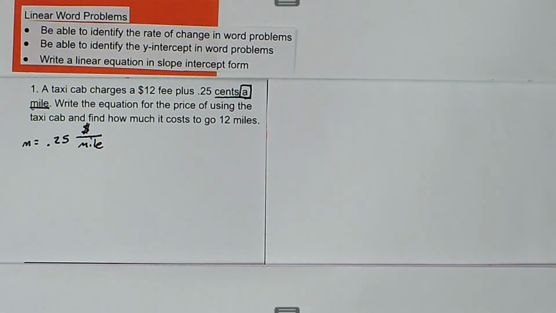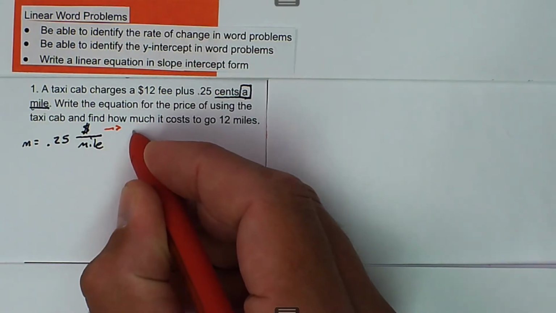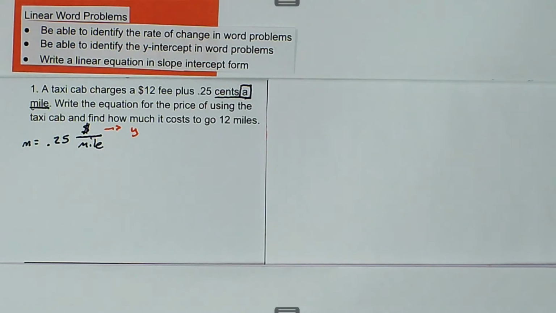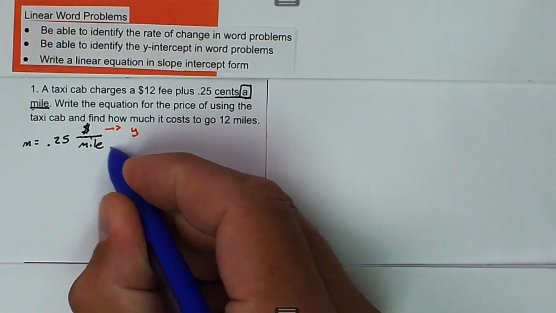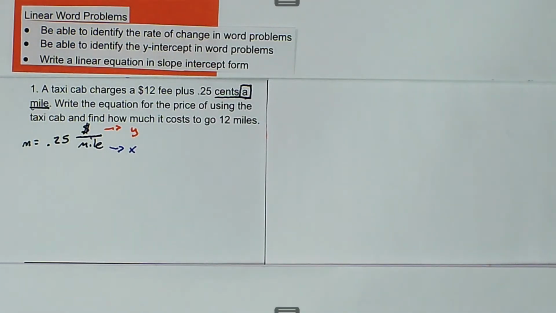Now, if we identify the units right away, this is going to tell us that our y variable has the units of money and our x variable has the units of miles. So right now, we should be able to come up with a pretty good equation.